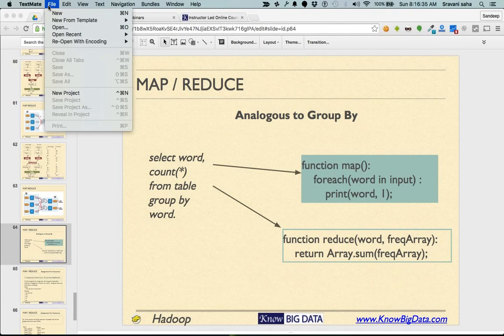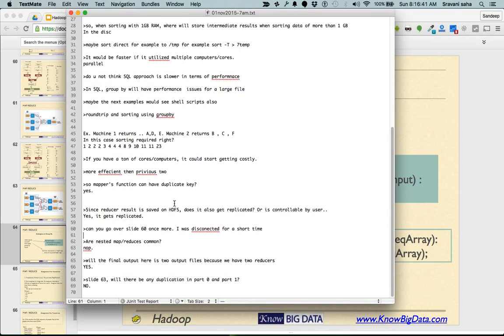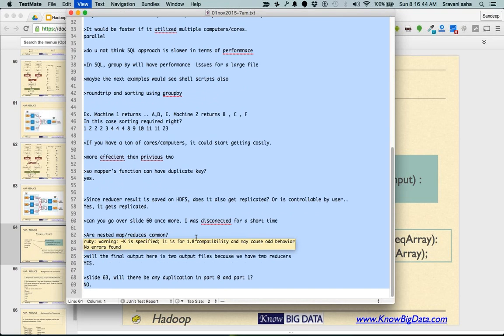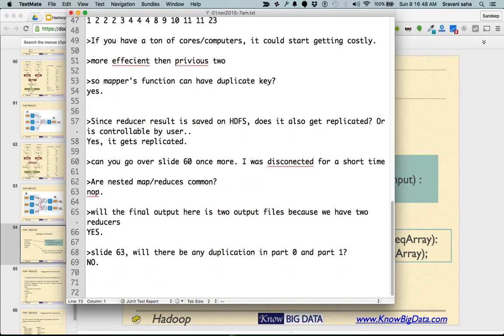Let me take one more example for you. Then I'll give you a few problems that you can solve.